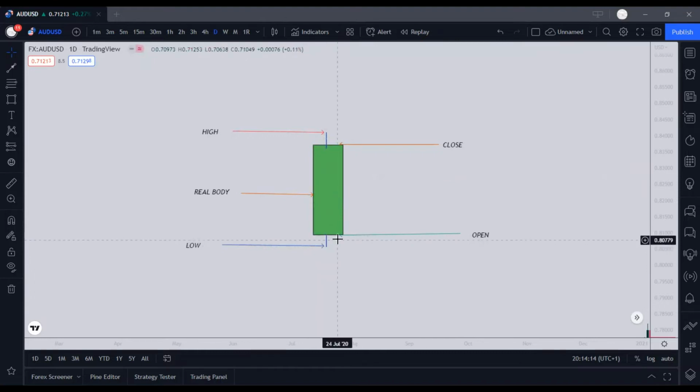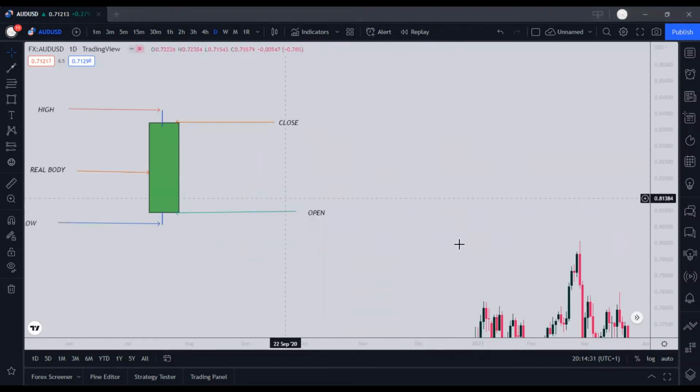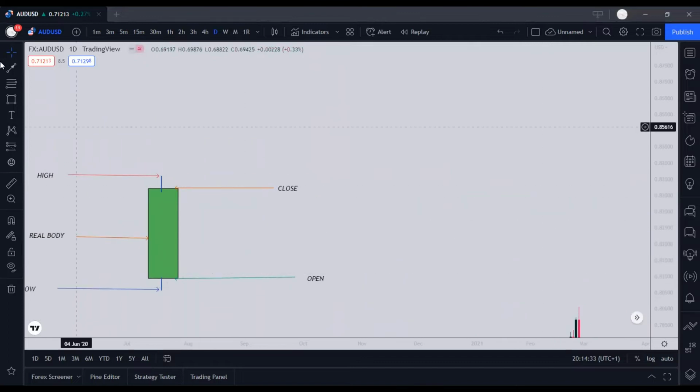The low. Then if it's a bullish candle, it means the opening begins from the bottom and then closes above it. Then the whole green color you're seeing there is called what? The body of it. Now let's take a bearish candlestick and show you how it is formed.